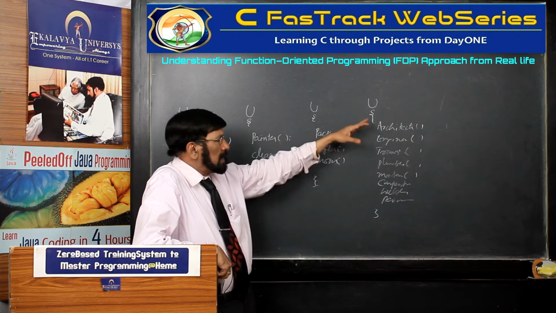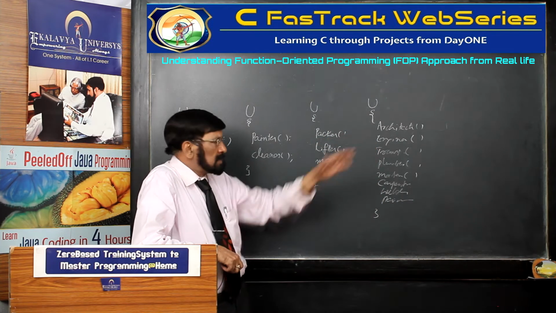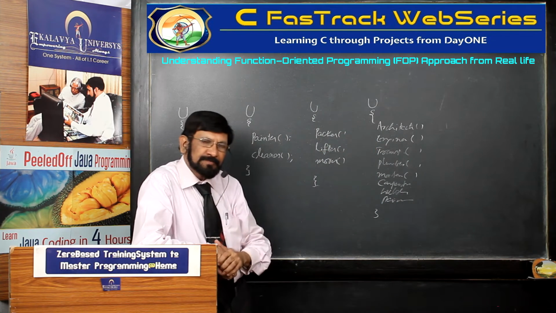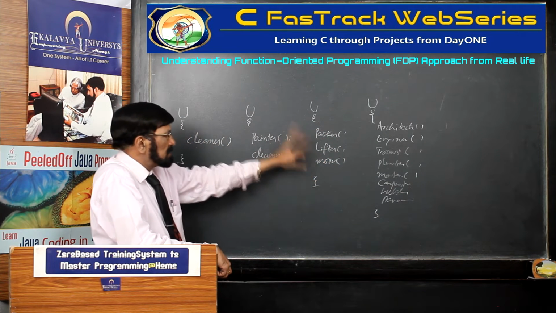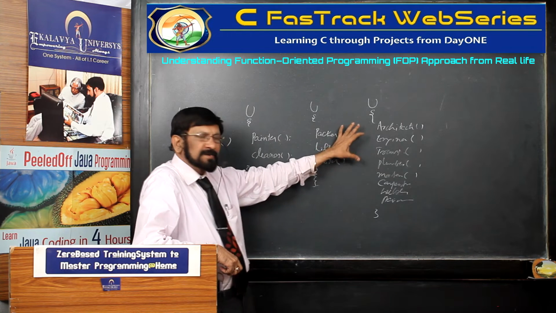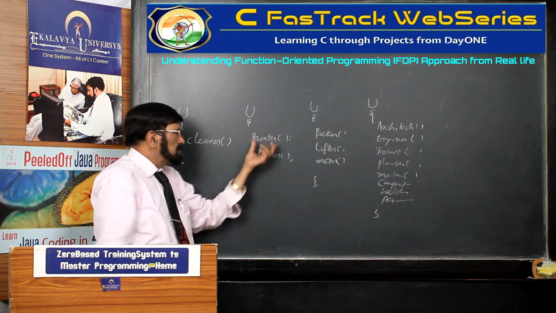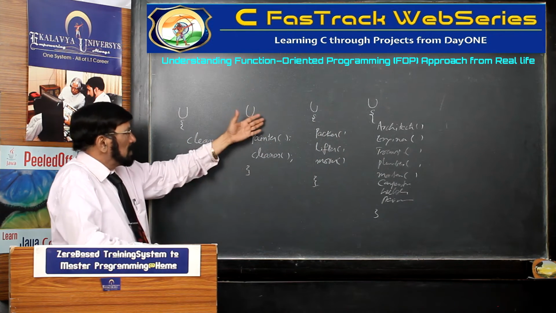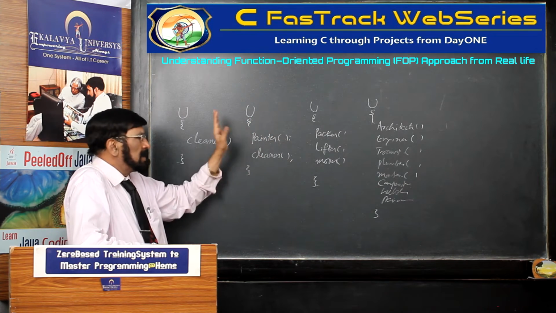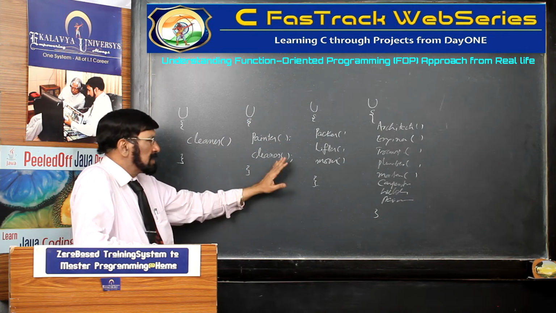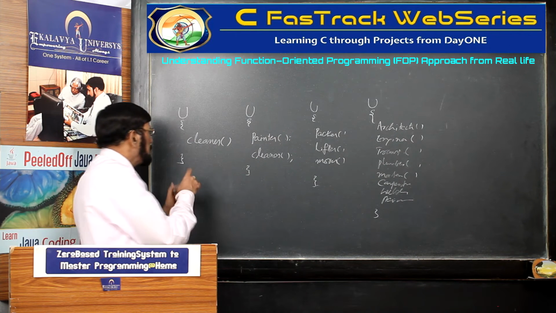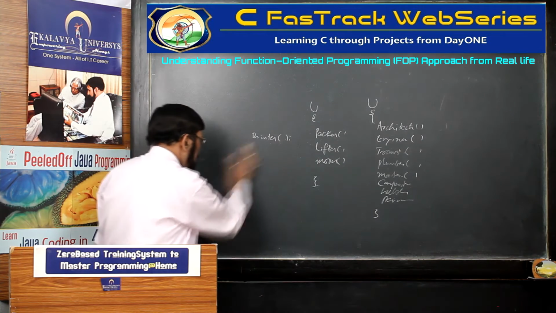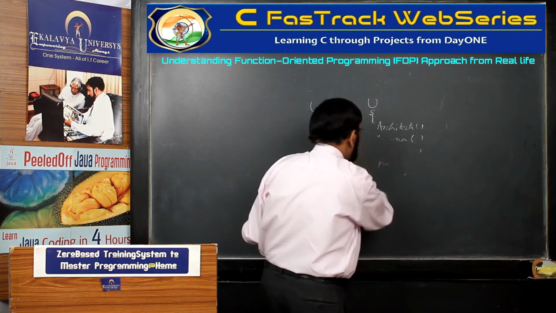By the collective contribution of all these specialists, your house got constructed. By the collective contribution of three types of specialists, your house got shifted. By the collective contribution of two types of specialists, your house got painted and cleaned. This is the real life approach. All these are called specialists. The same thing in programming is called functions.